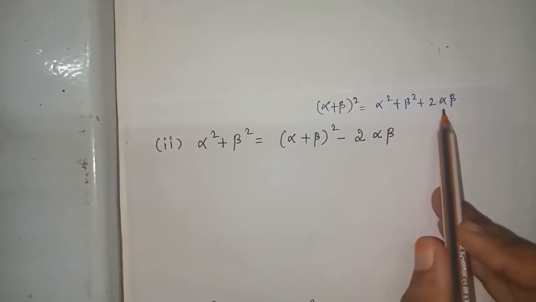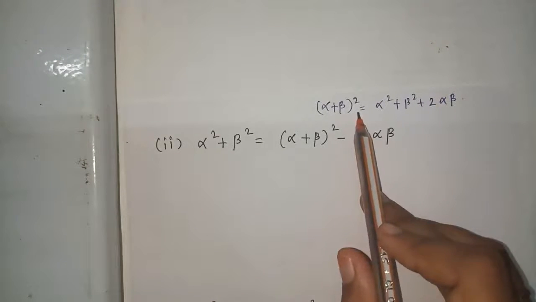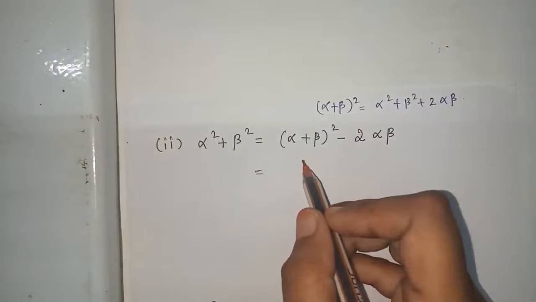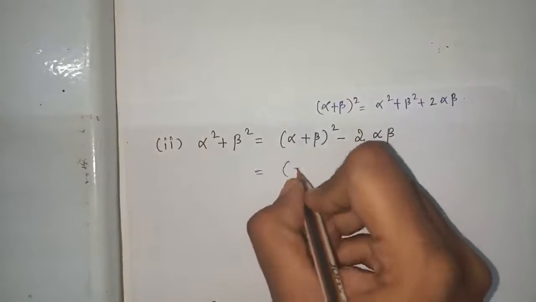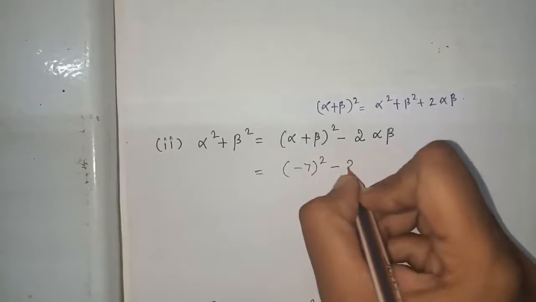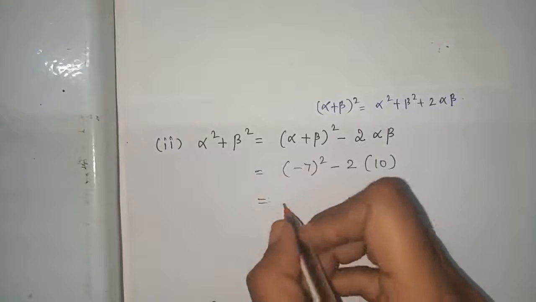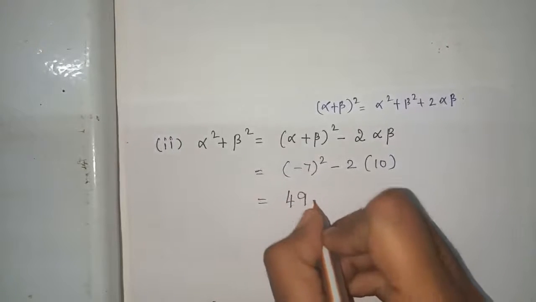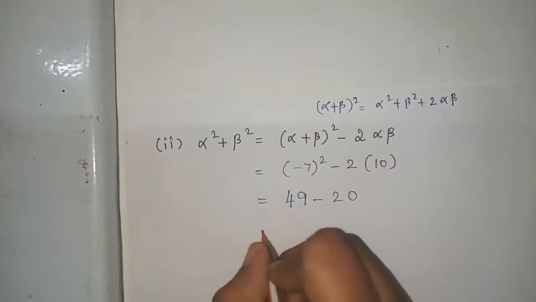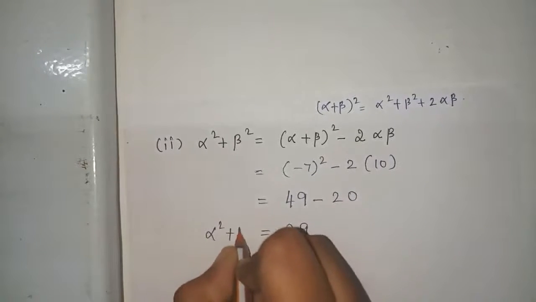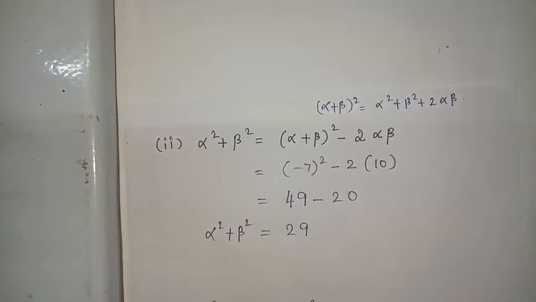If you take 2 alpha beta to the left hand side, it becomes minus 2 alpha beta. So now you know the value for alpha plus beta. Alpha plus beta is minus 7, square, minus 2 into alpha beta value, which is 10. So minus 7 the whole square is 49 minus 20, which is equal to 29. So alpha square plus beta square is equal to 29.